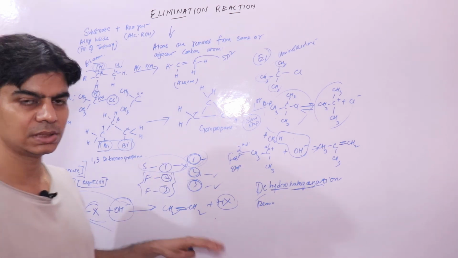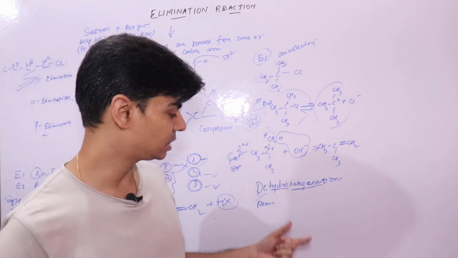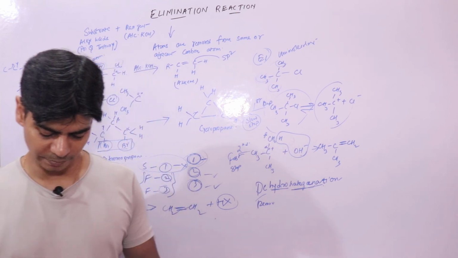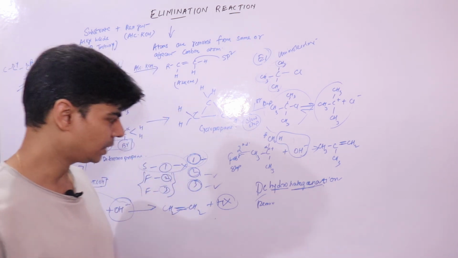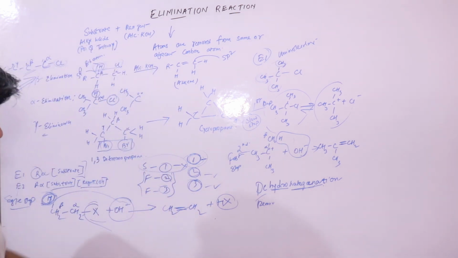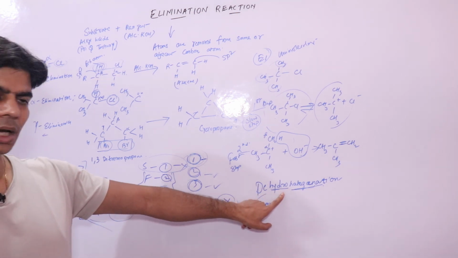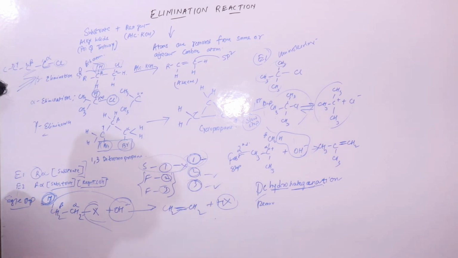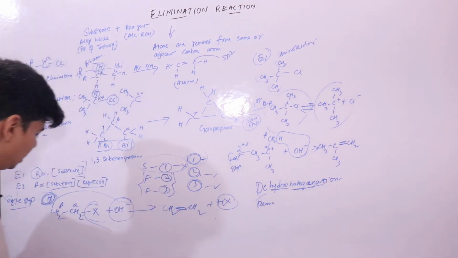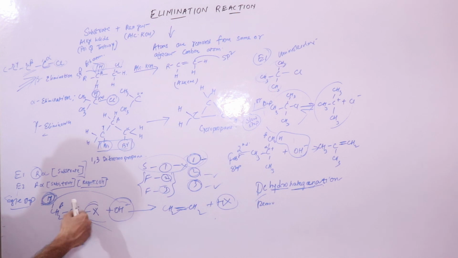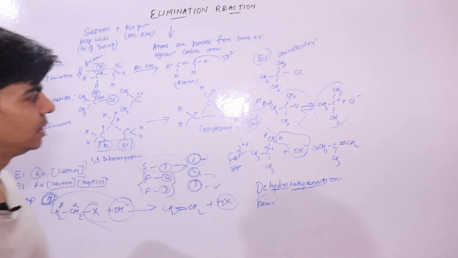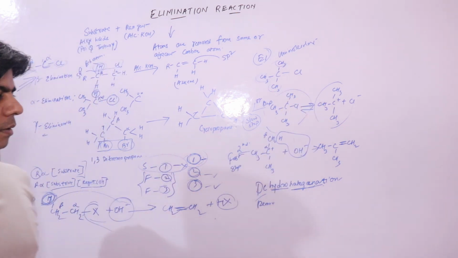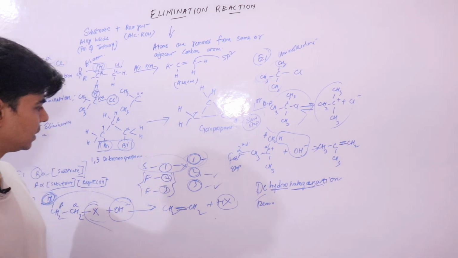Remember this by name, and I just explained what this name means: D means remove, hydro is hydrogen, halogenation is for halogen. So dehydrohalogenation is the removal of hydrogen and halogen. You can see here hydrogen and halogen are removed in this elimination reaction, and here also. I hope this is clear.